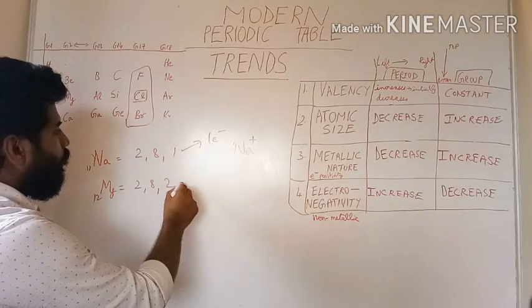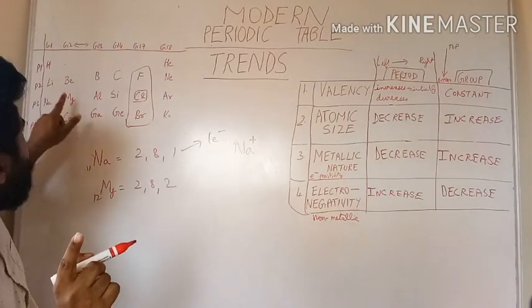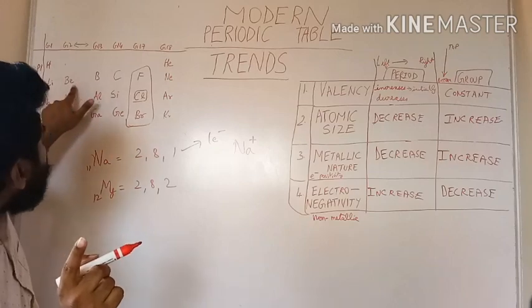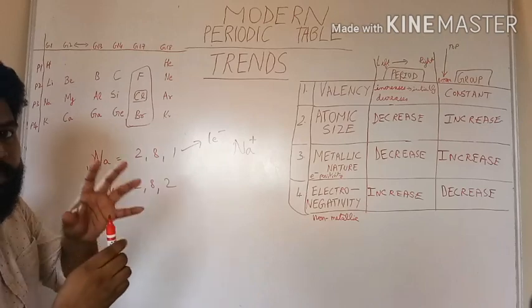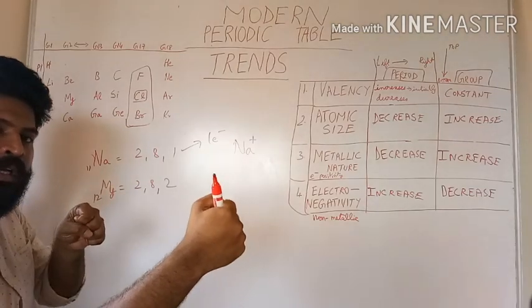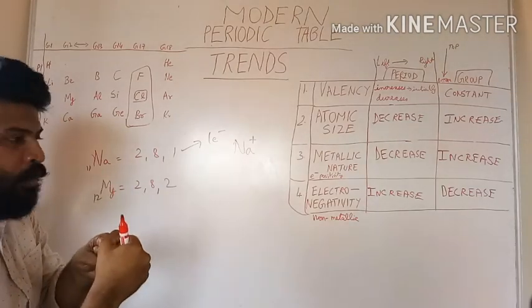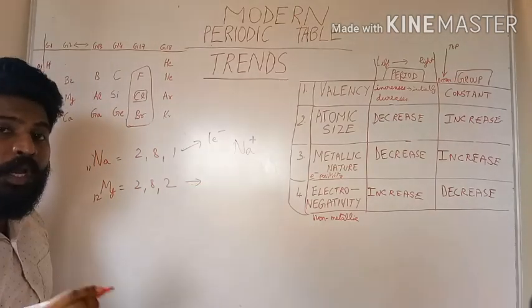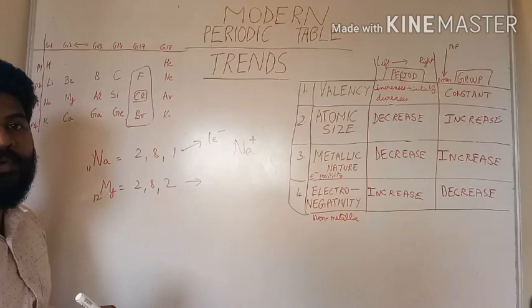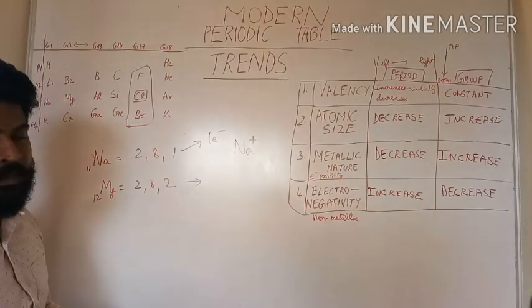Now, we also know that as we go from left to right, effective nuclear charge will increase. The pull of the nucleus on the electron will increase. So in the case of magnesium, it will be very difficult to lose 2 electrons.